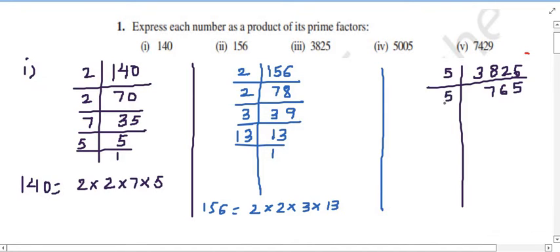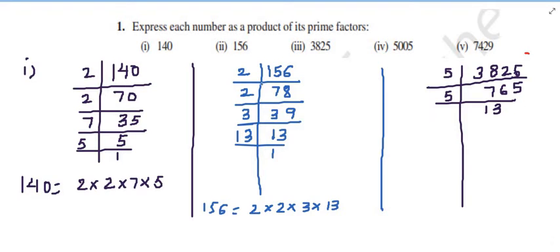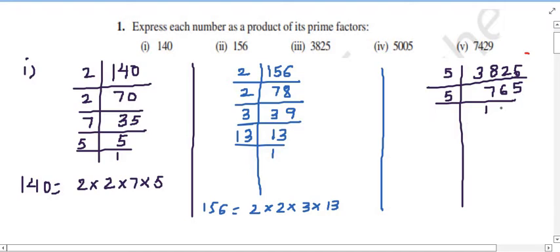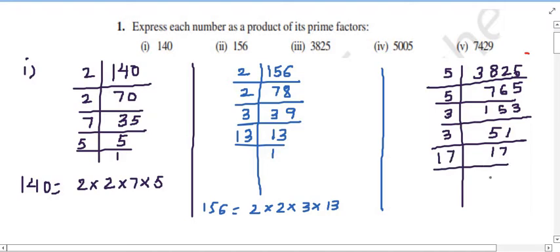Then again it's divisible by 5, then it's 153, and then we'll go with 3. It's 51. Then again 51 is divisible by 3, 3 times 1 is 3. Then 17 is a prime number, and then it's 1.